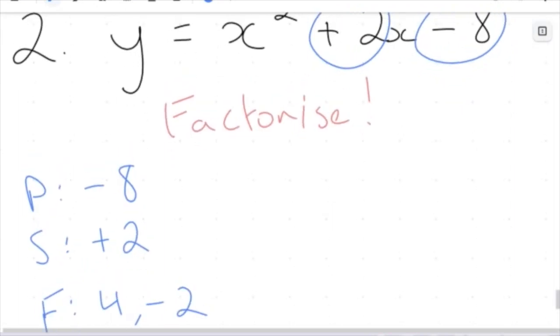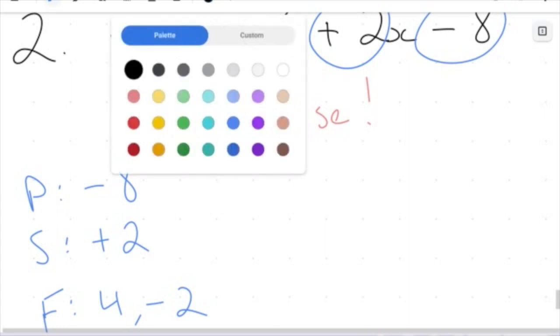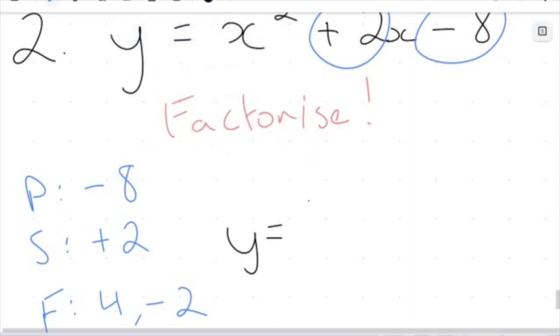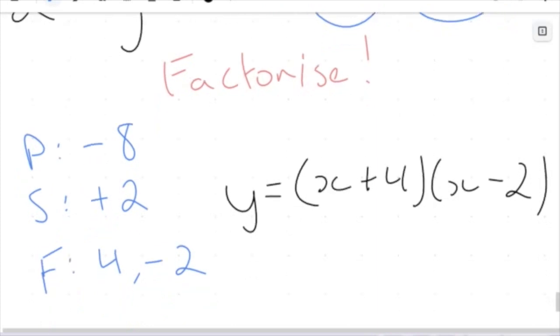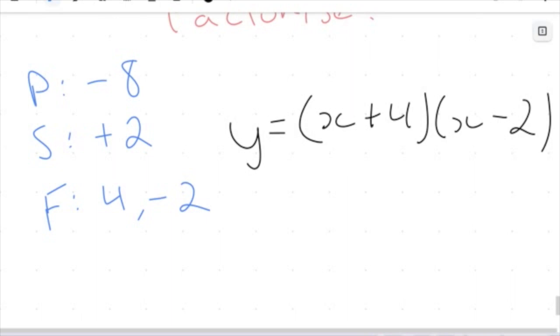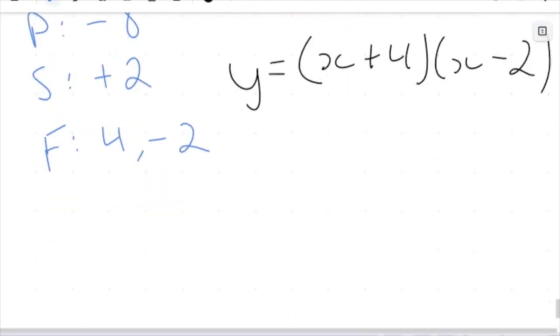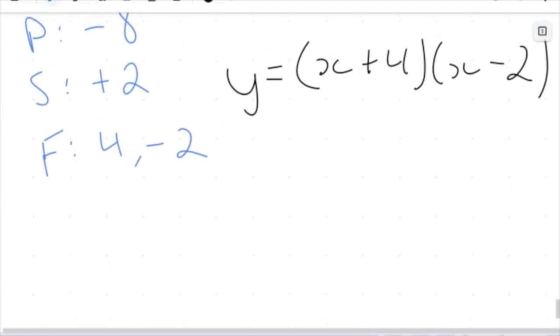So this is going to become y equals x plus 4, x minus 2. So just to save time, I've gone straight into this, but please look at the following videos if this is new to you. This is just a video on using what we've already learnt in order to sketch up some parabolas.